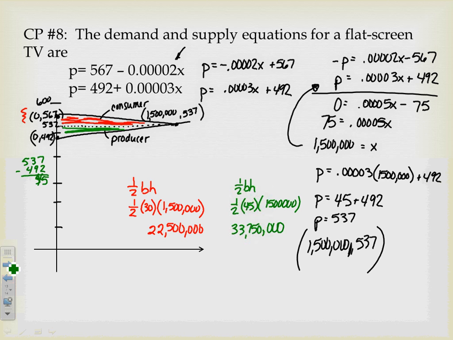Okay. So if we stay within those dollar ranges, those are P's. That's what they stand to make if they have consumer surplus versus producer surplus.